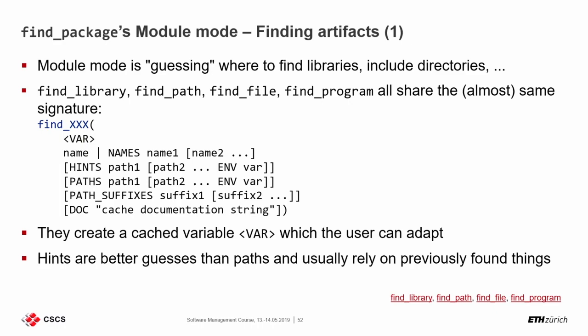Both of them look the same, and they are more or less the same. Hints are usually used for educated guesses, because we have already found something else and we are relying on that. We know where this is, so when this is there, the other one might be there. So hints have more priority and are educated guesses, and paths are just random guesses somehow.